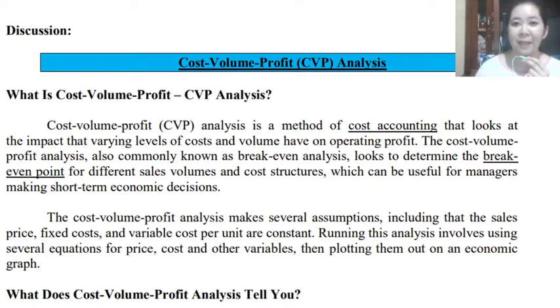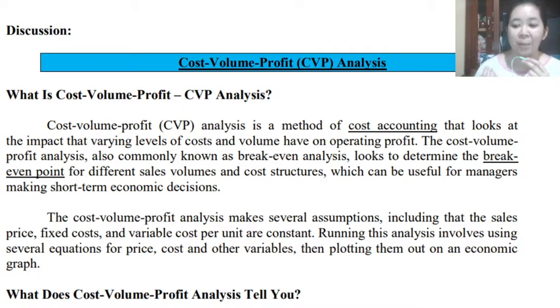So basically, your cost of production, and the number of units produced and even sold, will have an effect on the amount of profit that an entity will be generating. This is an important analysis or relationship that every entity should understand.